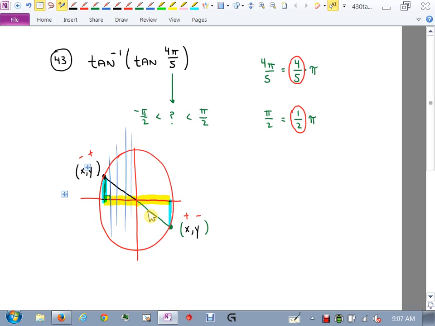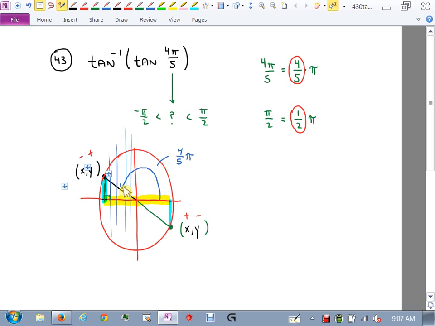Okay, so I'll try and help you with this. From here to here was how much? 4 pi over 5, or 4/5 pi, right? That's what that was. How much more would I need to rotate to get to pi? 1/5, right? This is 4/5 of the way. 1/5 more and I'd be there. Do you agree? So that little measurement right here of 1/5 pi is the same as this measurement right here, 1/5 pi.